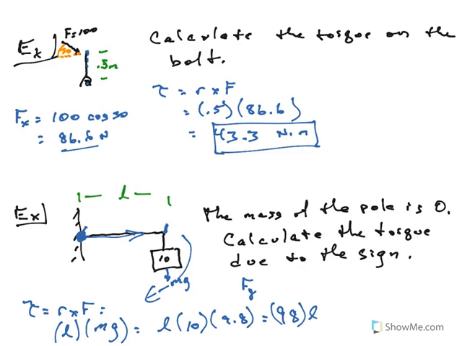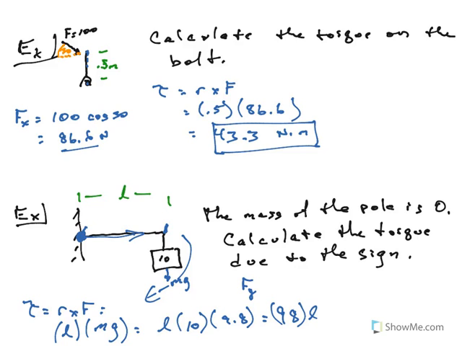Here's another thing to worry about. Torque is a vector. Vectors require directions. So that means torque can be positive or it can be negative. How do I know if the torque is positive or negative? Thankfully, you get to choose. It's completely arbitrary.